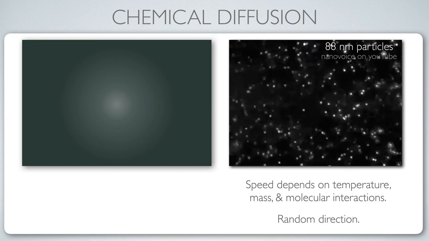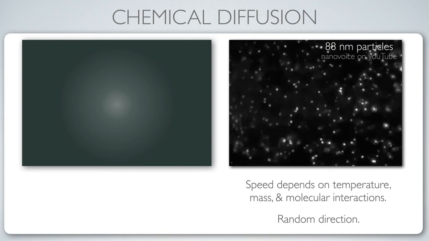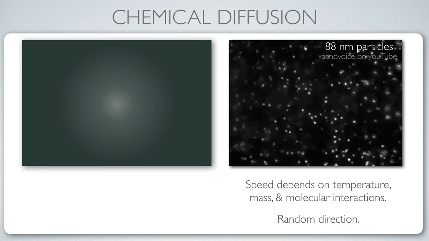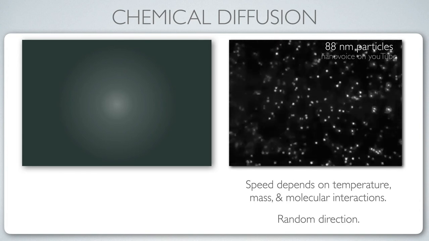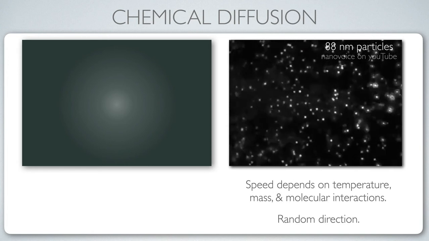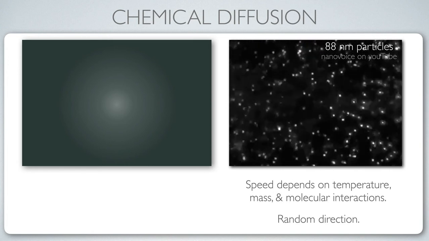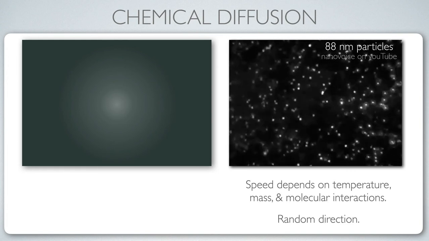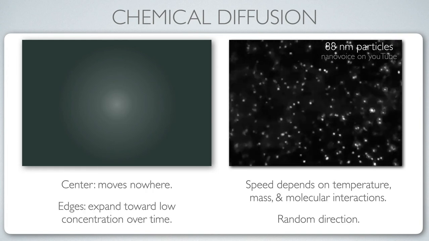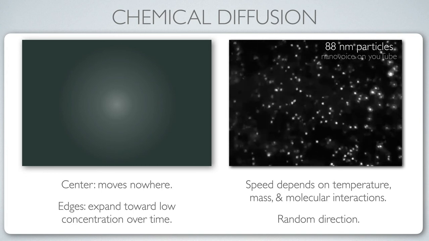So if you look at the margins, there is directionality, even though individual particles have no destiny. They're not directed in any particular way. Also note that the center of the population hasn't gone anywhere. So on average, the population of particles doesn't move. The center moves nowhere, but the edges are expanding towards lower concentration over time.